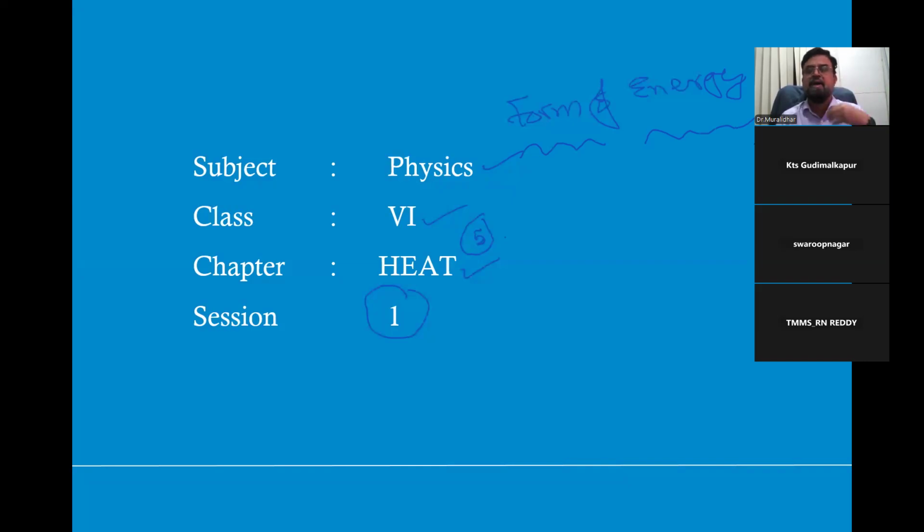So heat has the capacity to do work, because heat can boil the milk, heat can boil the water, heat can cook the food, heat can give the flame. A lot of work heat can do. That is the reason heat is said to be a form of energy, with which you can do a lot of work, which makes the body hot or which makes the body cold.